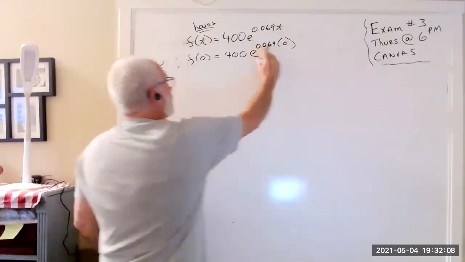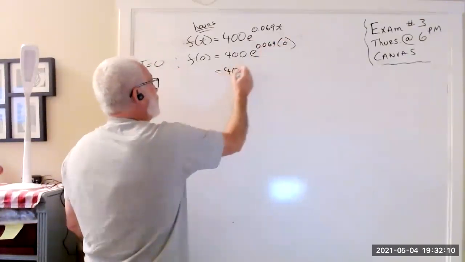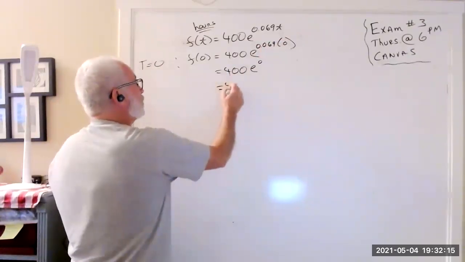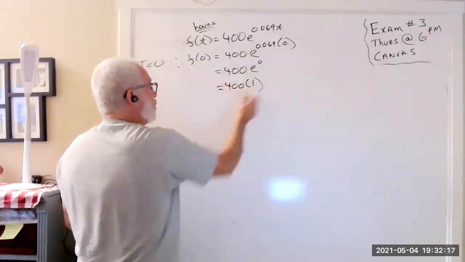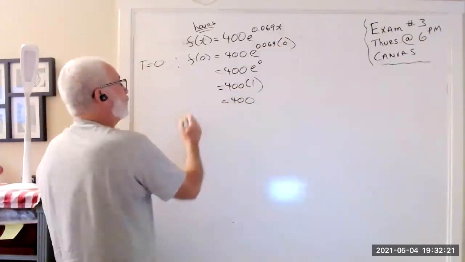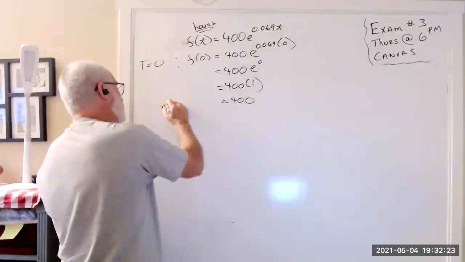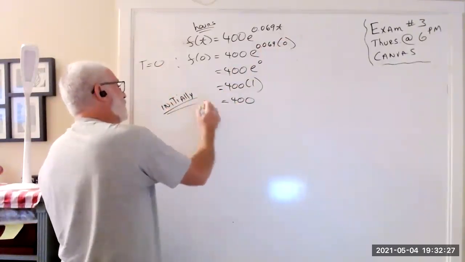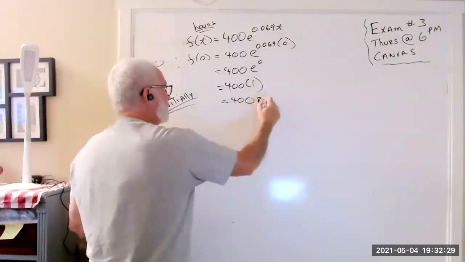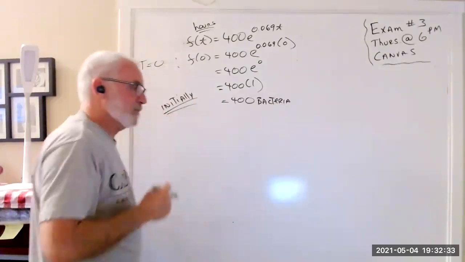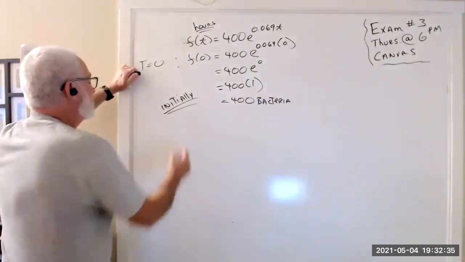But this will be 400 times e to the 0, which is 400 times 1, which is 400. So at time equals 0, initially, there were 400 bacteria. Is that okay? Yes.